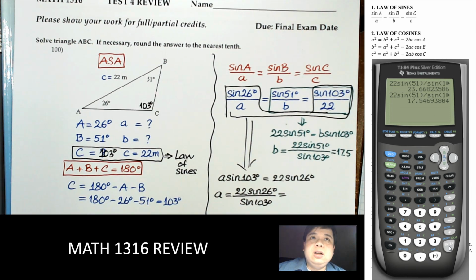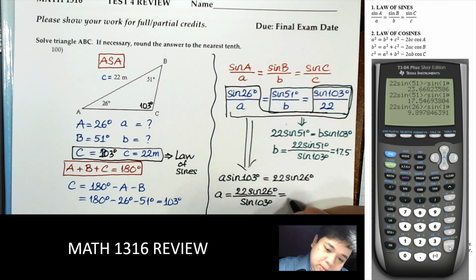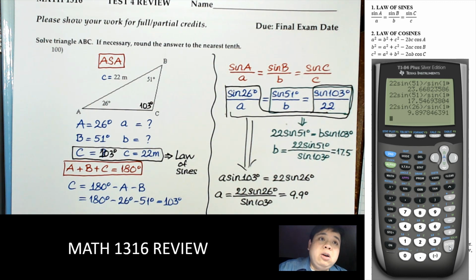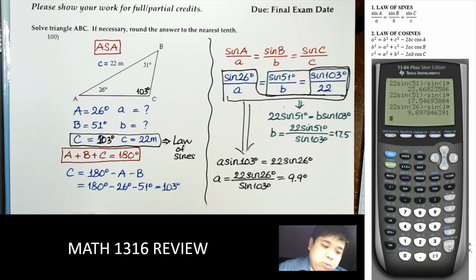So 22 sine of 26 divided by sine of 103 is 9.9. Right, and then we can put it back into the problem.